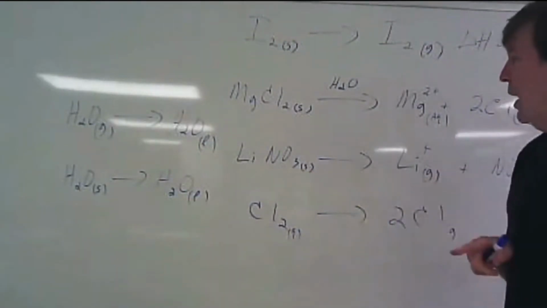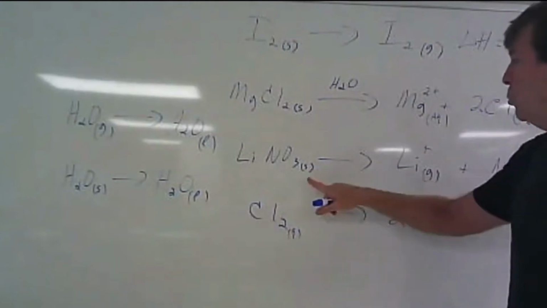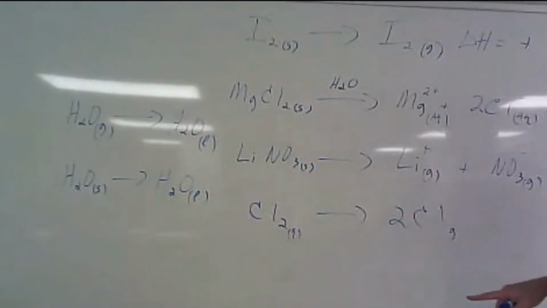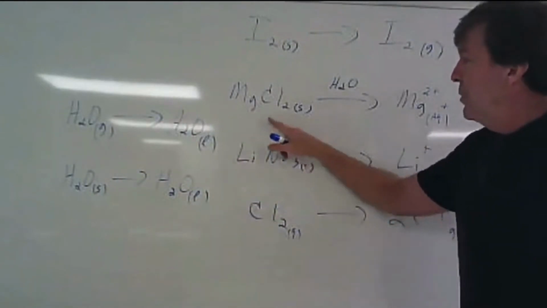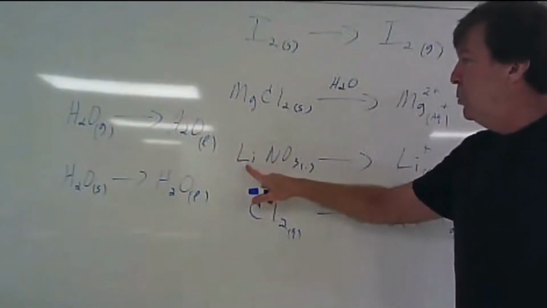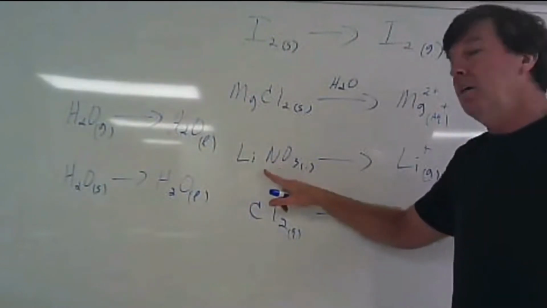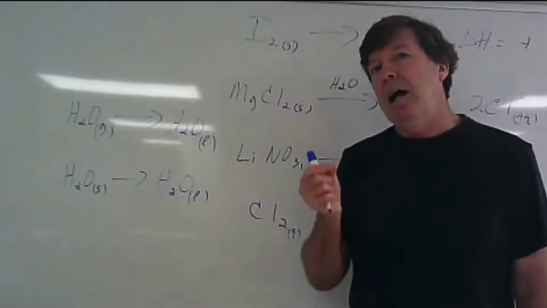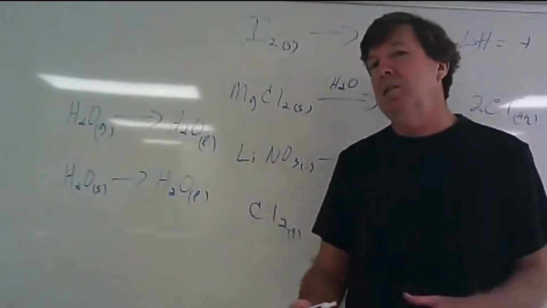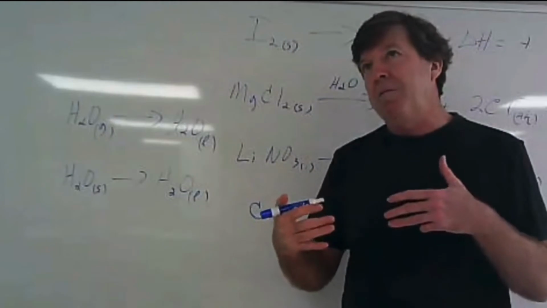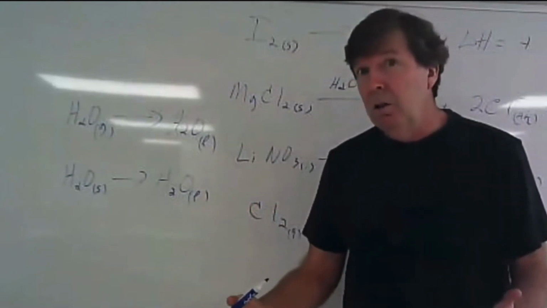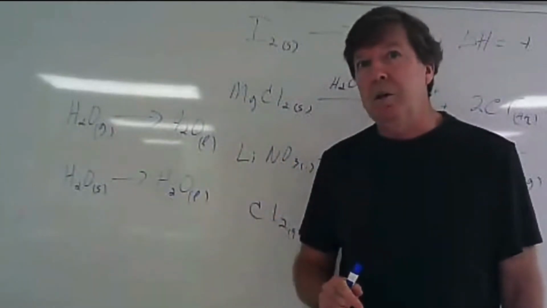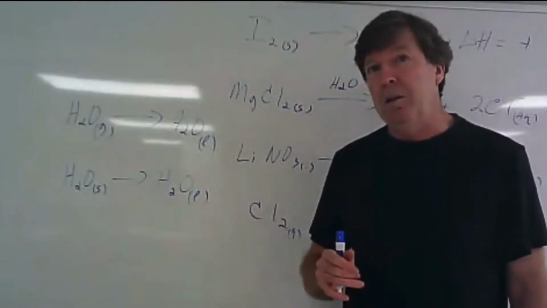Let's see what we have here. Lithium nitrate solid. Notice we're going from solid to a gas here. These are very much attracted to each other. The nitrate is negative. The lithium is positive. You have a solid ionic compound, a crystalline solid. It's going to have a very high melting point, which tells you it takes a lot of energy to separate those negatives and positives from each other.